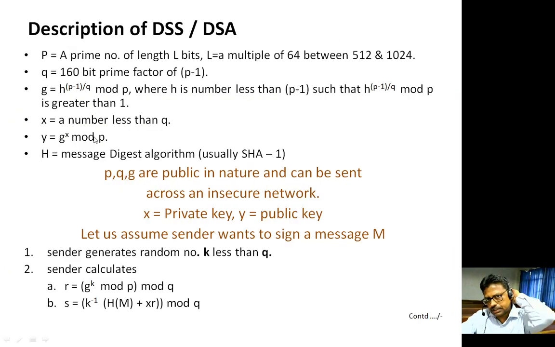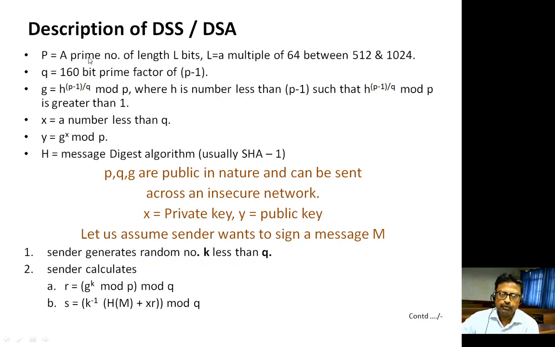So this is the description of the DSS. For doing something on the sender side, first of all, a large prime number is assumed. P is considered to be a large prime number of L bits, where L is a multiple of 64 between 512 and 1024.